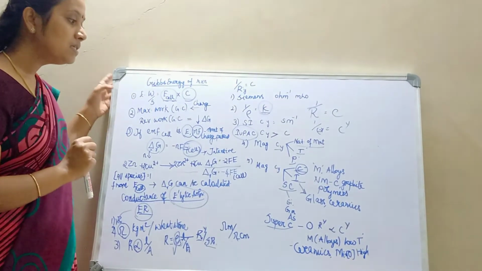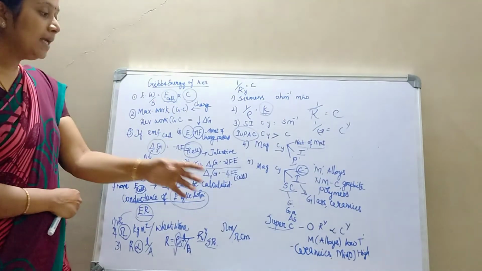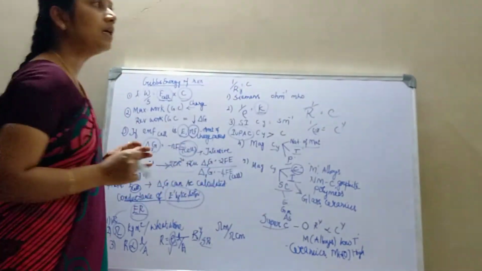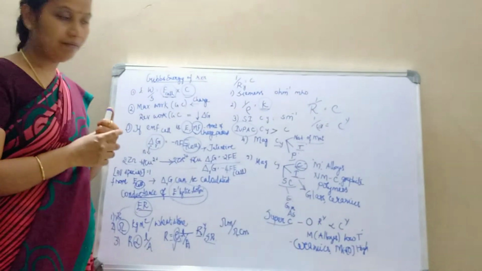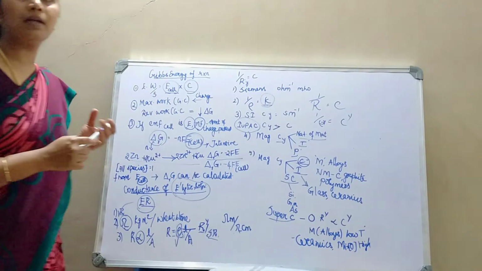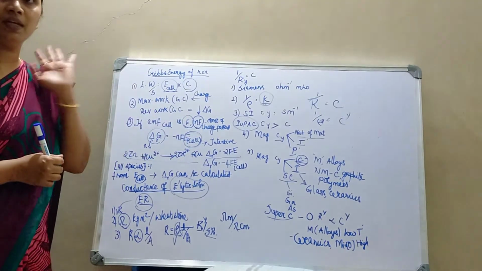They have zero resistivity and infinite conductivity. Examples include metals and alloys at low temperature, that is 15 Kelvin. Even ceramics and mixed oxides act as superconductors at higher temperatures, which is nothing but 150 Kelvin.